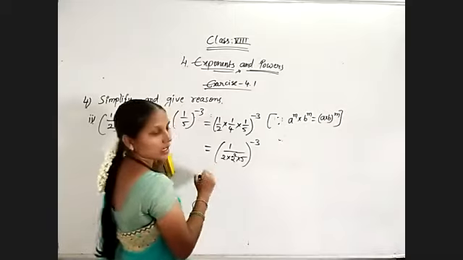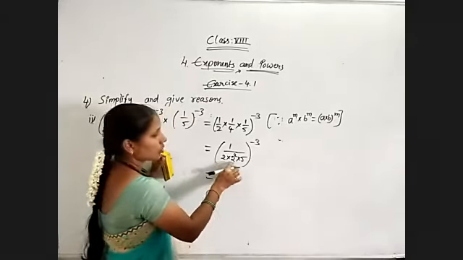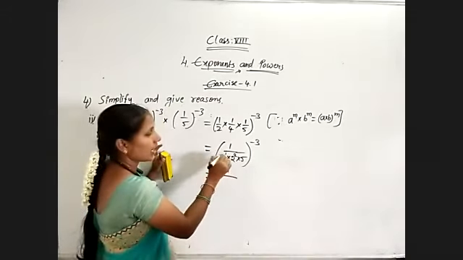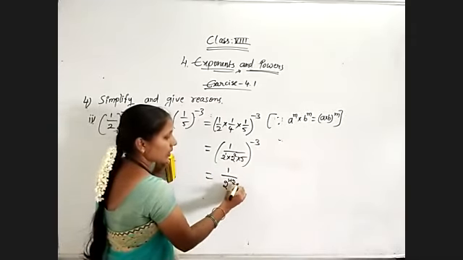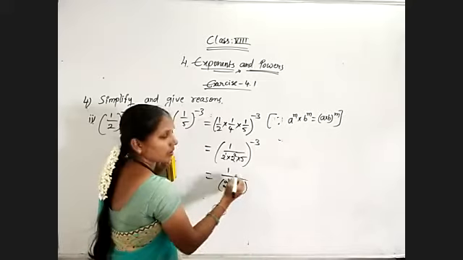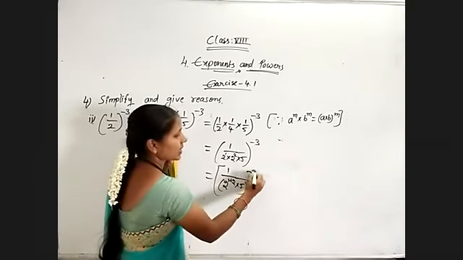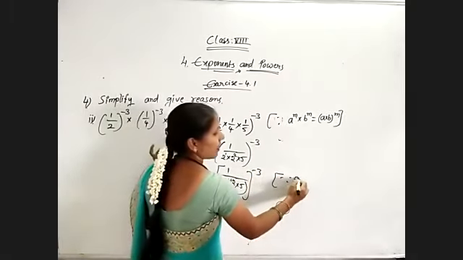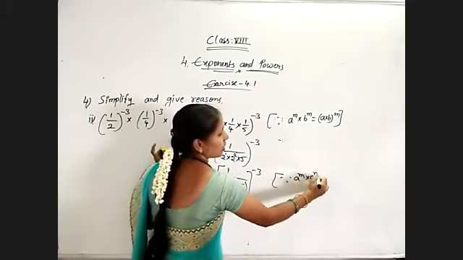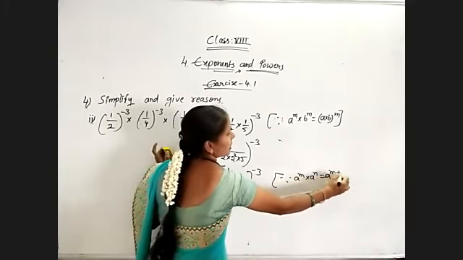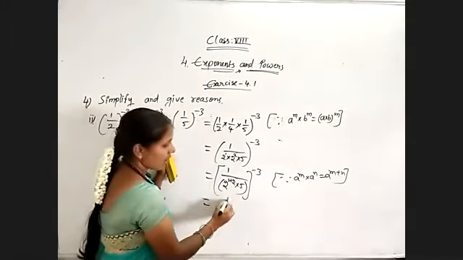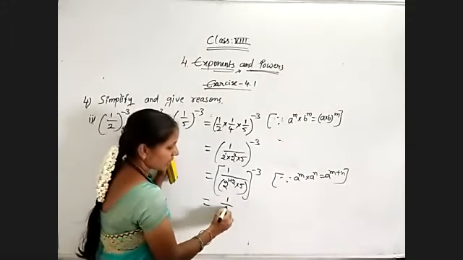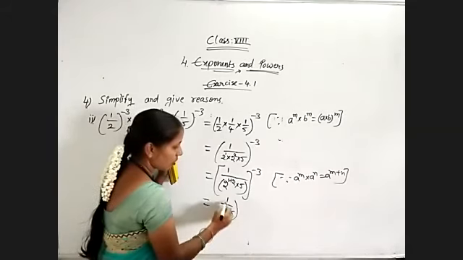First simplify this. That is 1 by, total how many 2s are there? A power m into a power n, that is a to the power of m plus n, into 5 whole power minus 3. So here we have used a power m into a power n is equal to a to the power of m plus n. Now which will be equal to 1 by 2 cube into 5 to the power of 1 whole power minus 3.